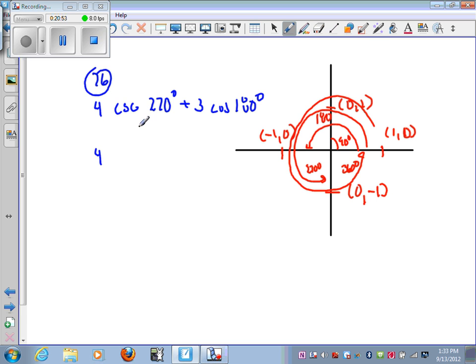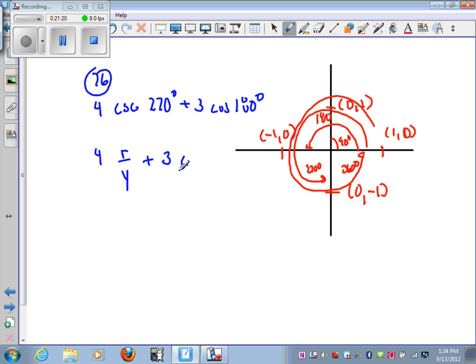So we got 4, and cosecant at 270, the ratio is going to be r over y. Here's 270. And r is going to be 1 because the distance r is 1. So then this one is 3 cosine.